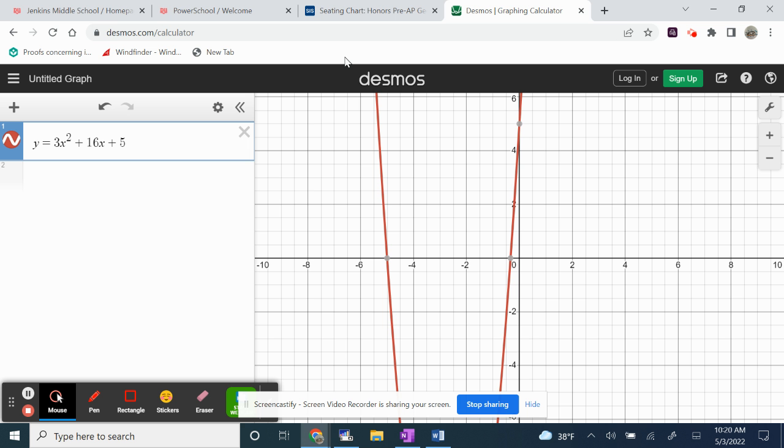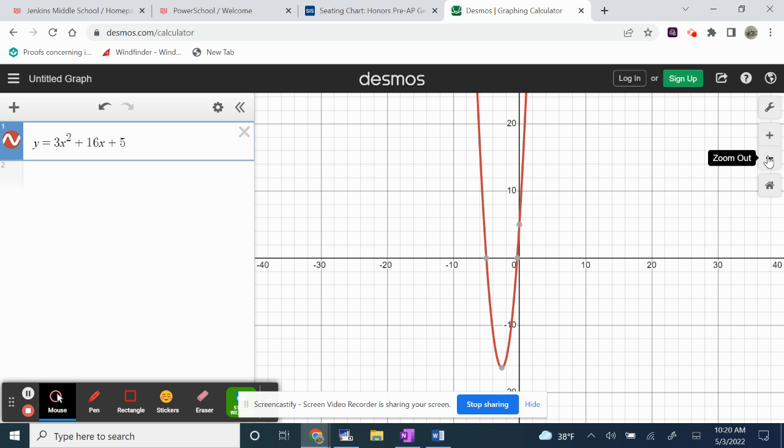Okay. Now, what we get is something called a parabola. But what we're really concerned about, does everyone have this in your Desmos? Okay. What are we finding on the graph? We're finding the 2 points where it crosses the x-axis.